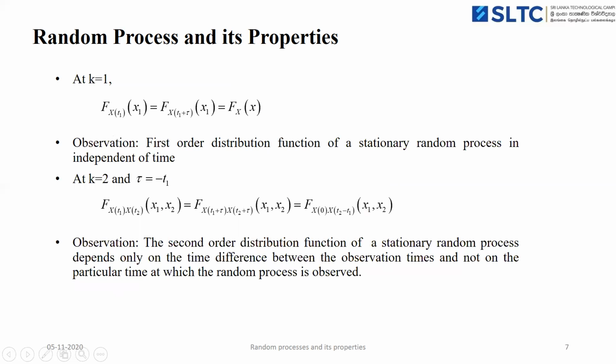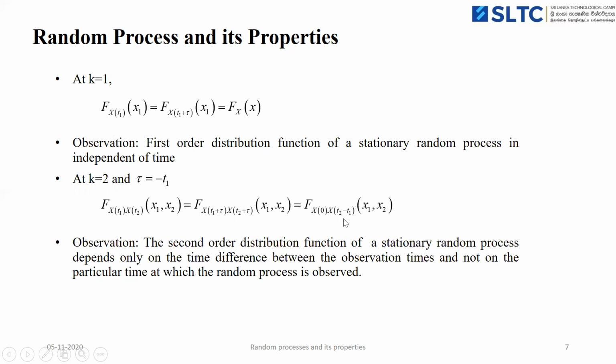We can get this equation: F x of t1, x of t2 equal to F x of t1 plus tau, x of t2 plus tau. But here tau equal to minus t1, so t1 minus t1 equal to 0. So we are getting F of x of 0, x of t2 minus t1. So here also tau is replaced by minus t1.